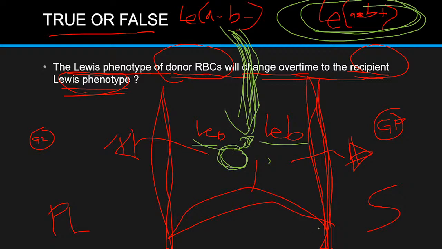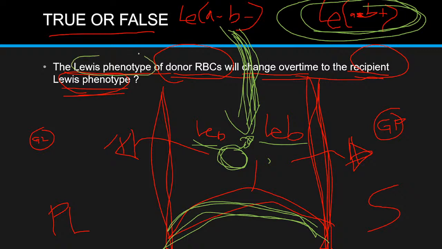Then para na din silang magiging parang patient red cells. And what happens is magpapalit-palitan na lang sila. Kasi ang Lewis phenotype naman actually is not really gene to protein. It's gene to enzyme to carbohydrate attachments.